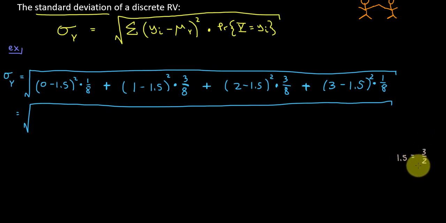Not really, especially when you start squaring. For instance, what is 1.5 squared? Do you know off the top of your head? Probably not. I don't. But I know what 3/2 squared is. That is 9/4. It's pretty nice.